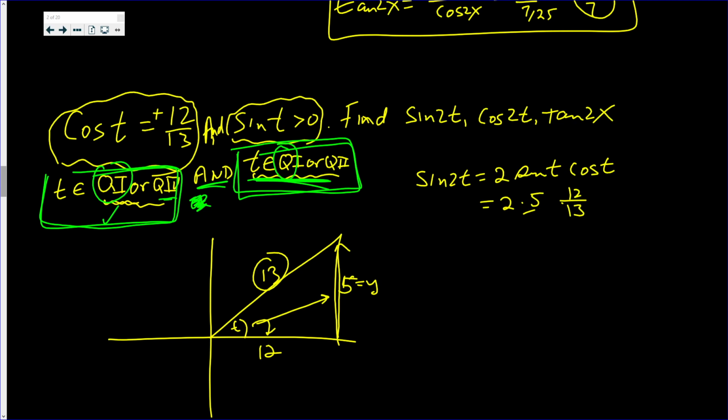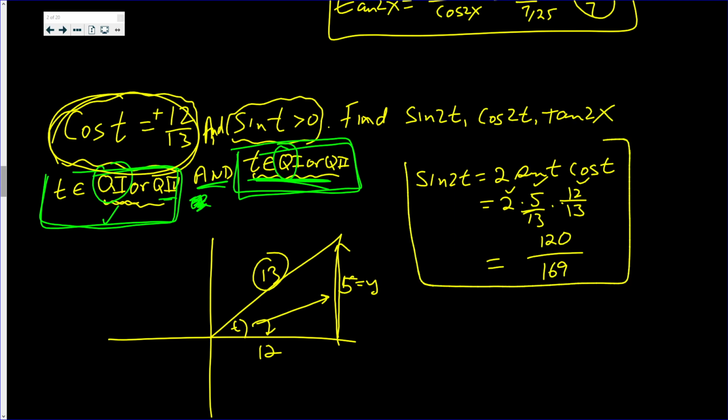That's cosine of t, or you can read it off. They told us it was 12 over 13. Well, 13 times 13 is 169. 2 times 5 is 10. And 10 times 12 is 120. We now have the sine of 2t.